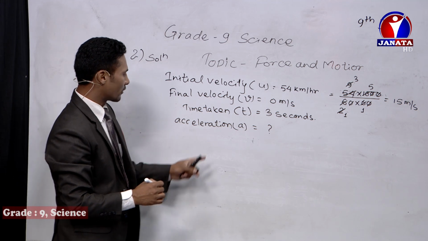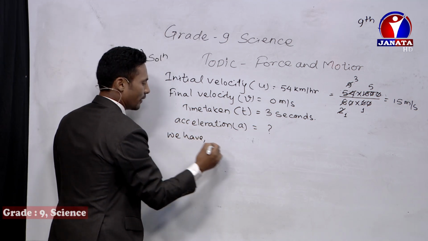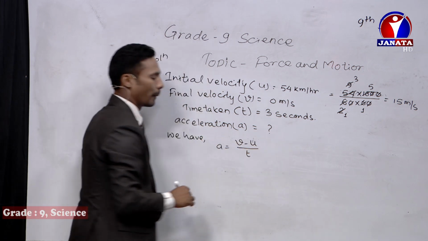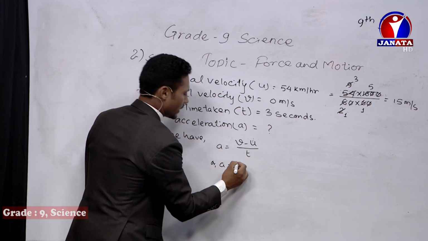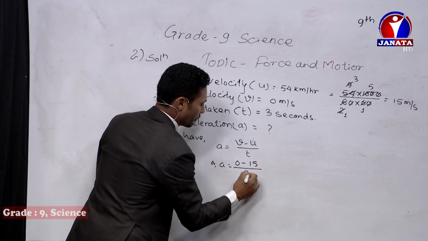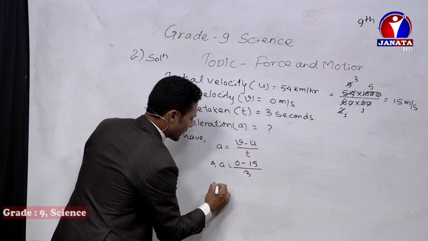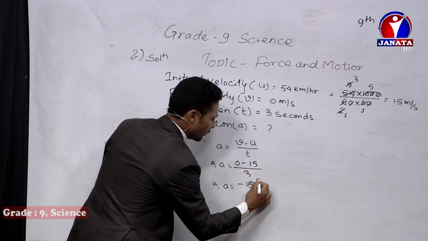Now we need to calculate this acceleration. We have the formula: acceleration equals v minus u by t. So let's put the value. a equals, v is 0, u is 15, time is 3 seconds. That means acceleration equals minus 15 by 3, that is minus 5.